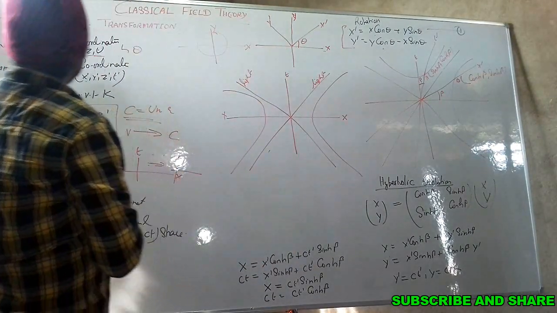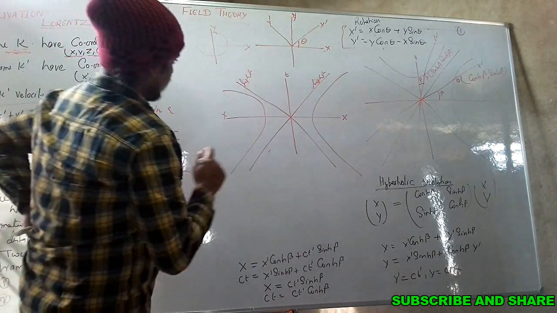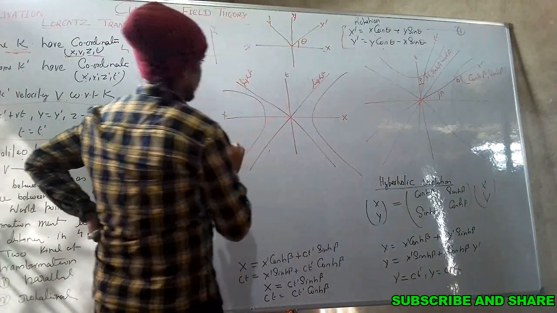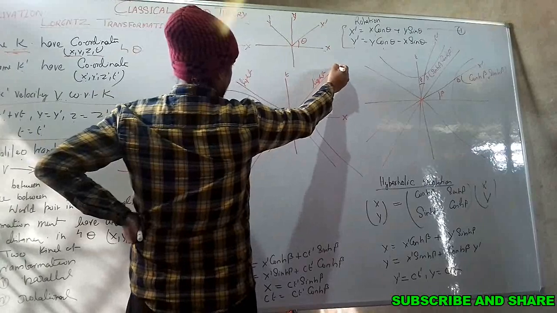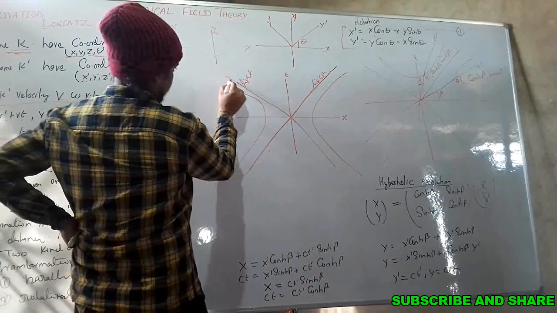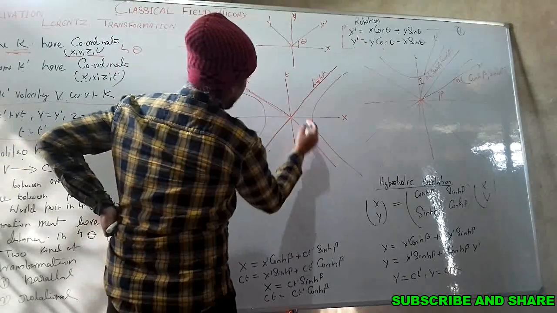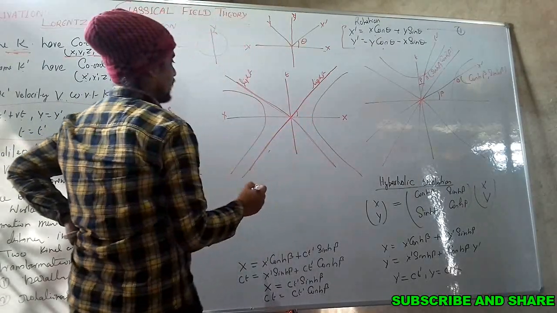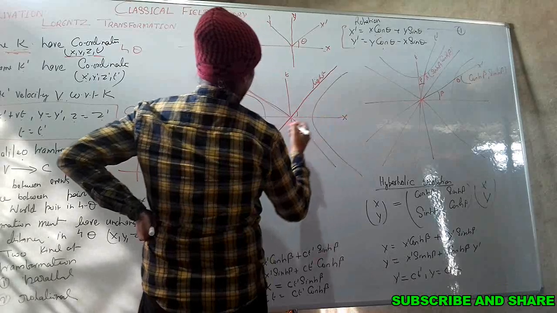Now take a look at this space-time diagram. This is the world line for light, the speed of light, and it is exactly at a 45 degree angle to the x coordinate.